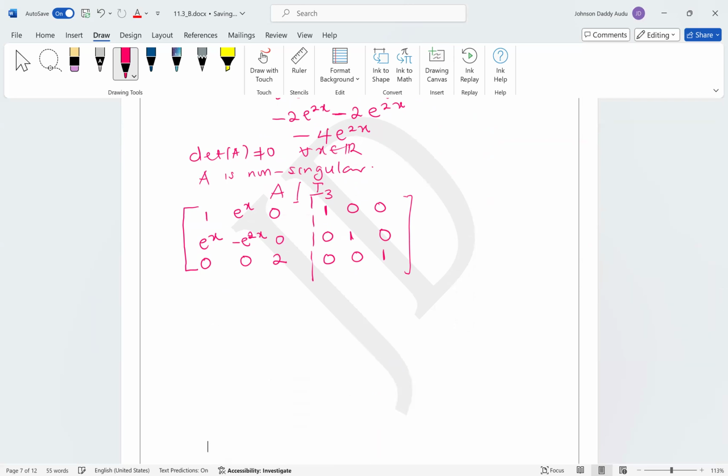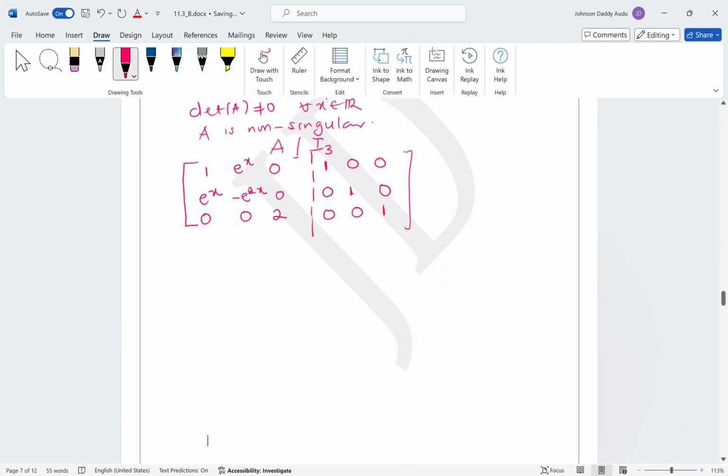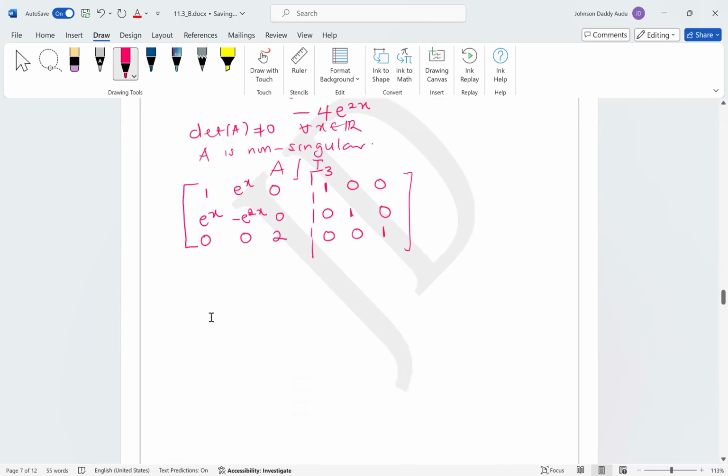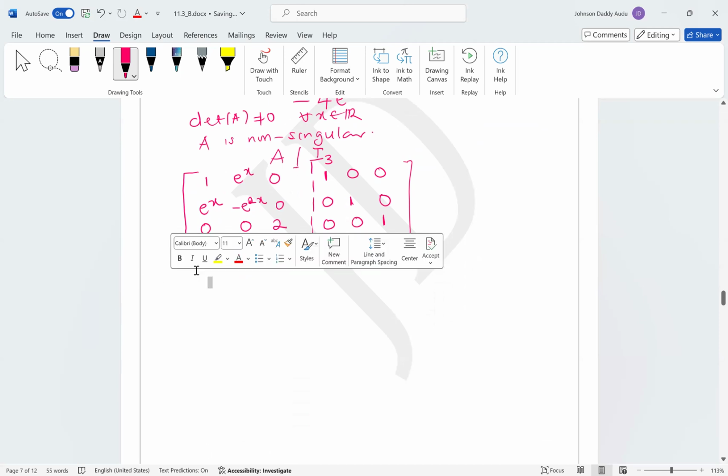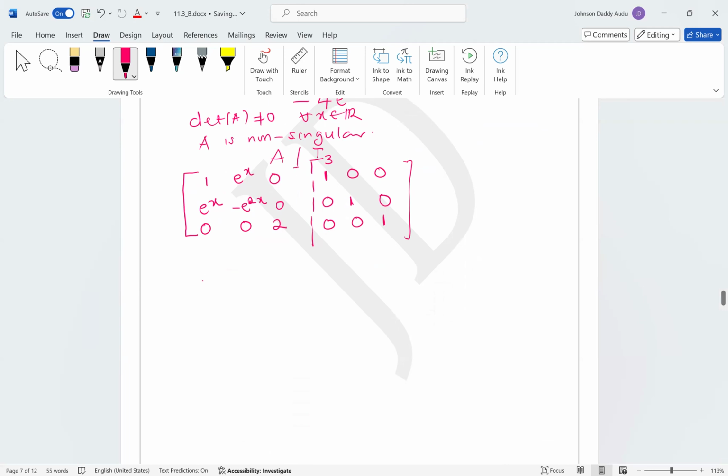And now we can also do this by row operation. So how do you perform the row operation? Here you can see this is 1 already. So all you need now is to take this to 0. And how can you take this to 0? Just take the negation.